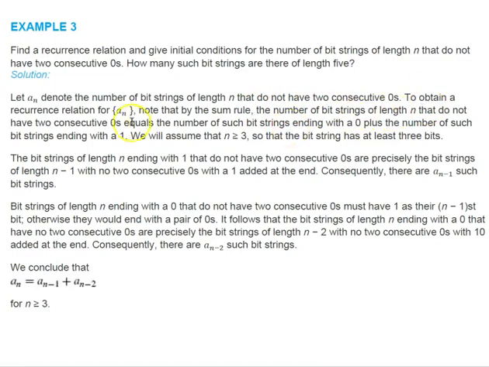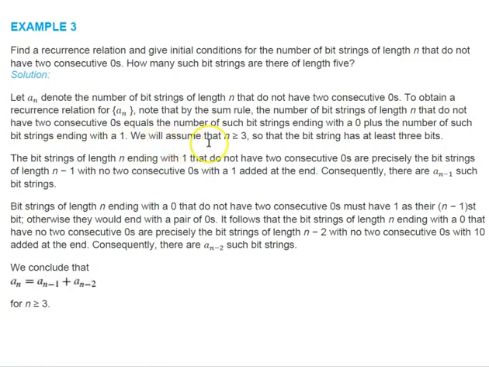To obtain a recurrence relation for the sequence, we know that by the sum rule, the number of bit strings of length n that do not have 2 consecutive zeros equals the number of such strings ending with a 0 plus the number of such strings ending with a 1.